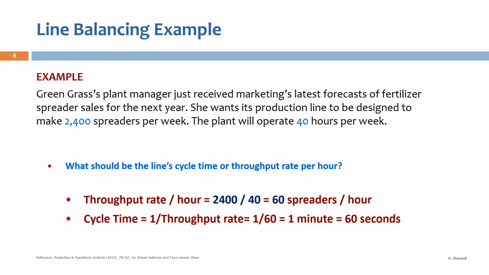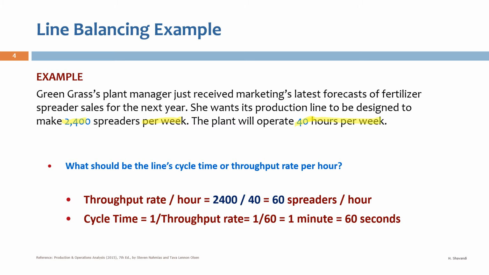Let's have an example here. Green Grasses plant manager just received marketing's latest forecasts for fertilizer spreader sales for the next year. So she wants the production line to be designed to make 2,400 spreaders per week. And the plant will operate 40 hours per week.